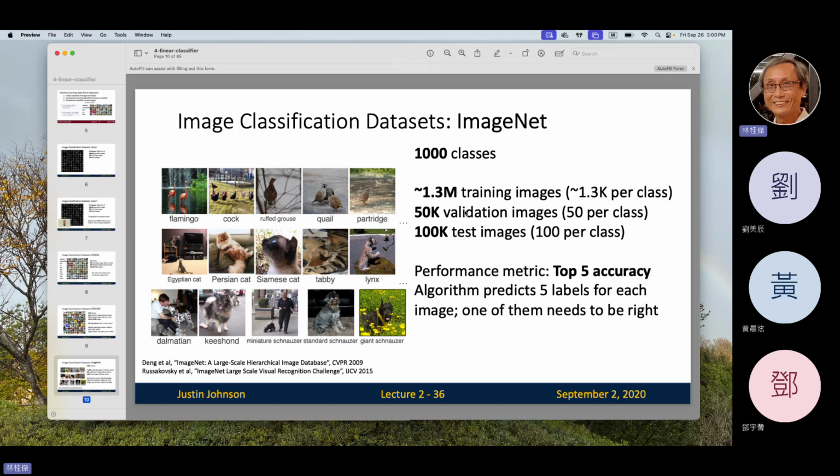For each picture, you make a prediction to say this could be one of the 5 possible classes. As long as one of them is correct, then we consider you are okay. Just like human, sometimes when I look at this one here, what do you say this is?